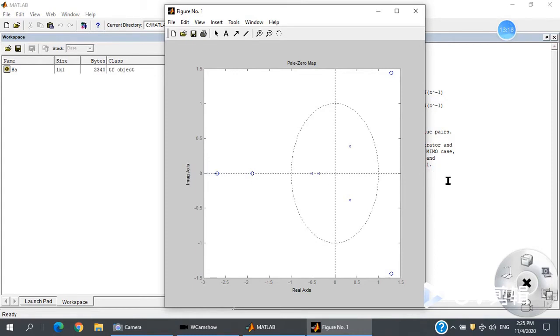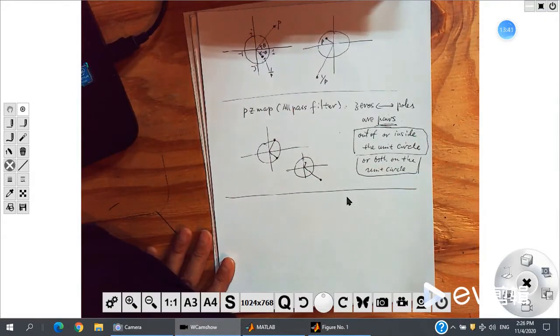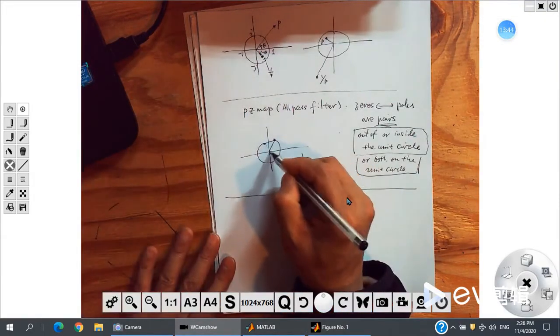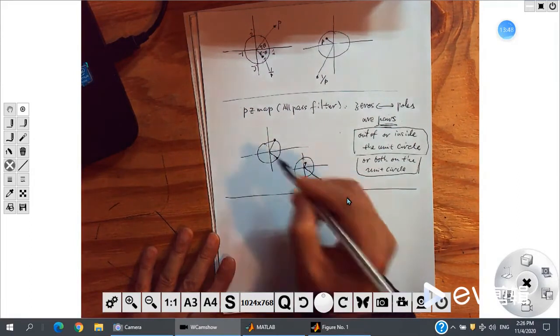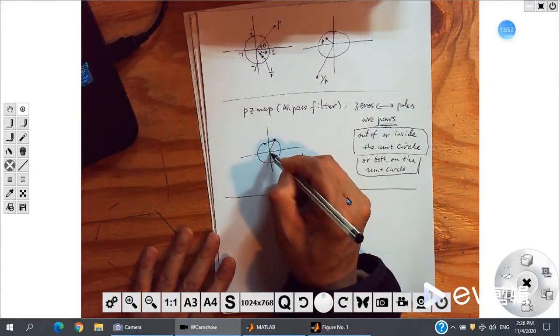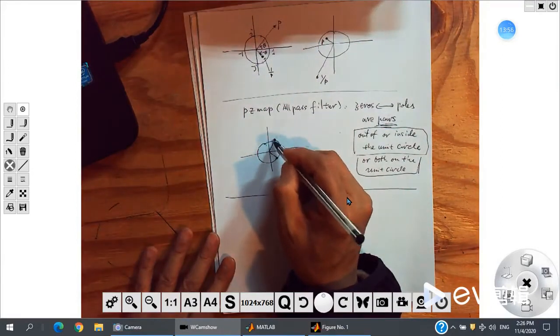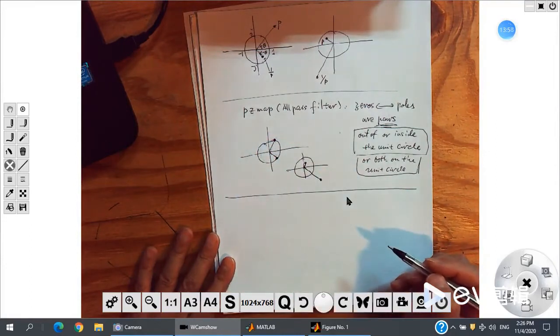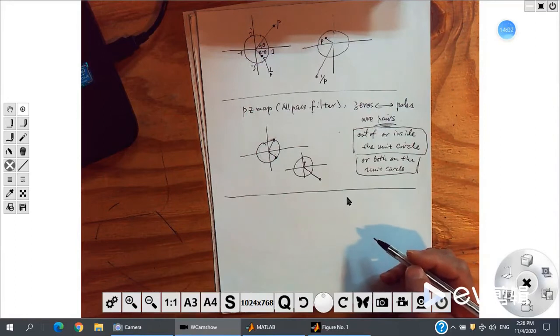Okay, these are the location of poles and zeros of all-pass filter. One inside the unit circle, one will be outside the unit circle. But if you have a pole or zero just on the unit circle, then another one will be here. They also occur as pairs, but both on the unit circle. So this is poles and zeros of the all-pass filter.